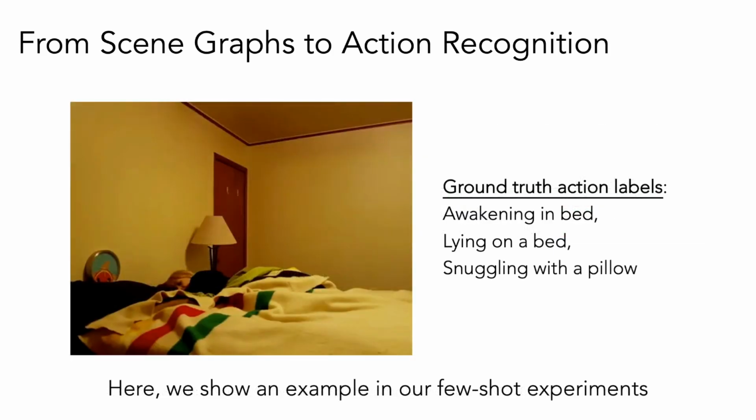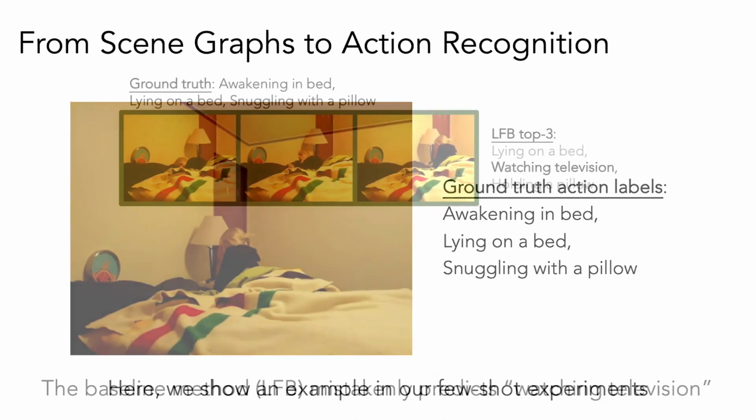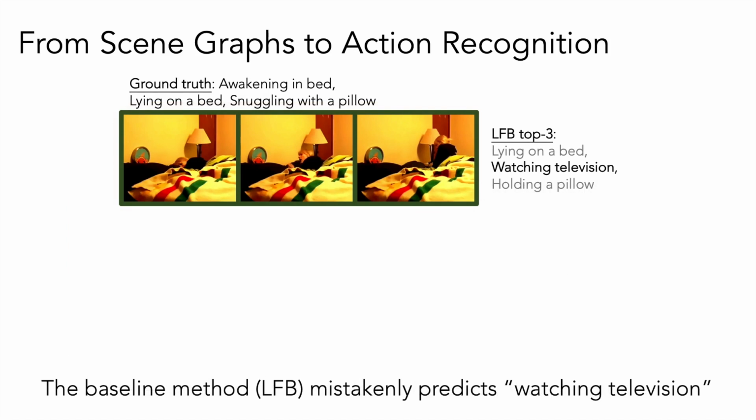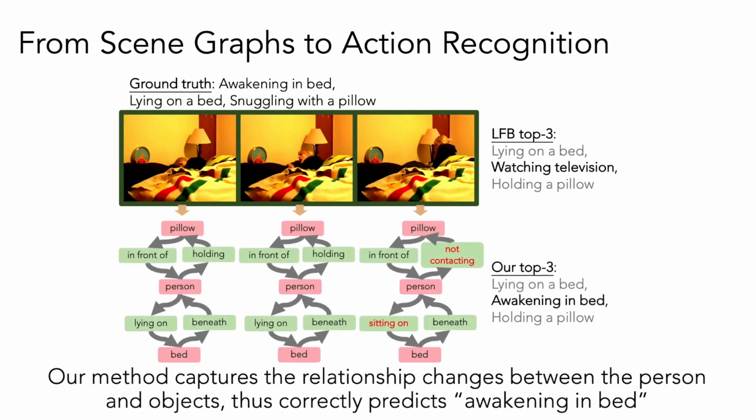Here we show an example in our few-shot experiments. The ground truth action labels included in this video clip are as follows: awakening in bed, lying on a bed, and snuggling with a pillow. The baseline method mistakenly predicts watching television, while our method captures the relationship changes between the person and objects.